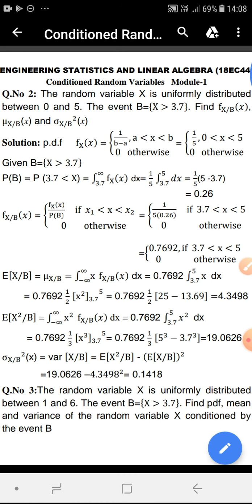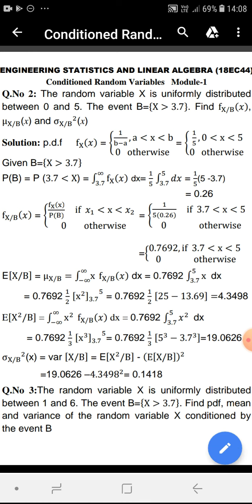Again you have to split it: from minus infinity to 3.7, plus the integral from 3.7 to 5, plus the integral from 5 to plus infinity. Only the integral from 3.7 to 5 will remain. The other integrals become 0 because the integrand will be 0.